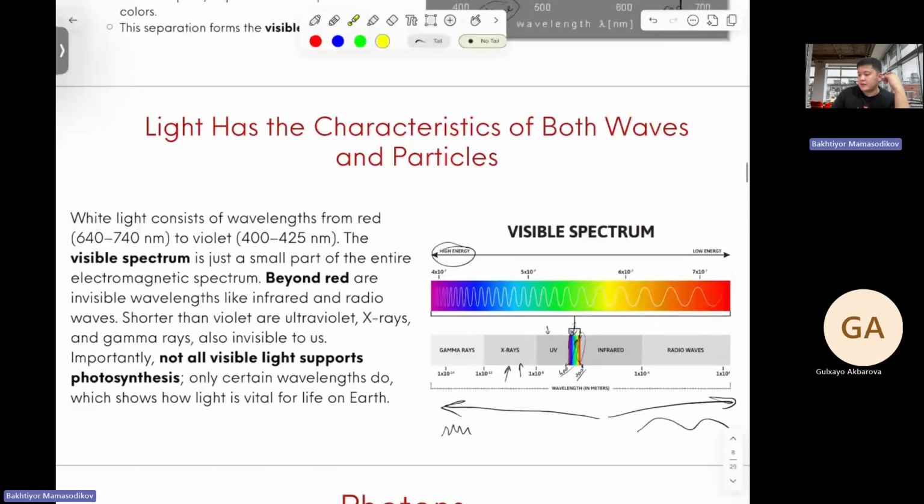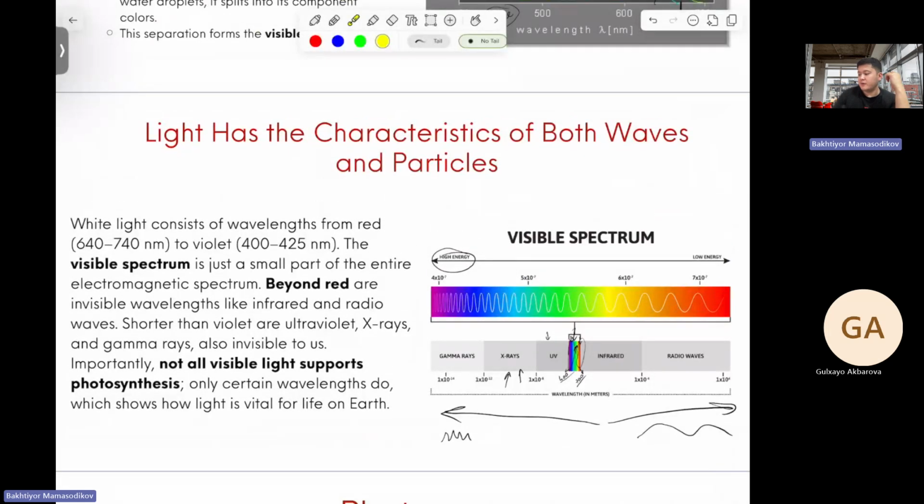So what else? Visible light is between 400 and 700. Not all light can support photosynthesis. Only specific wavelengths of visible light do. Which ones? Only the blue and red ones.